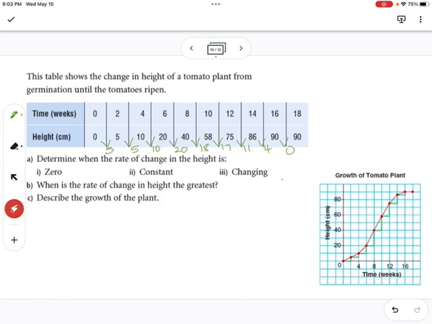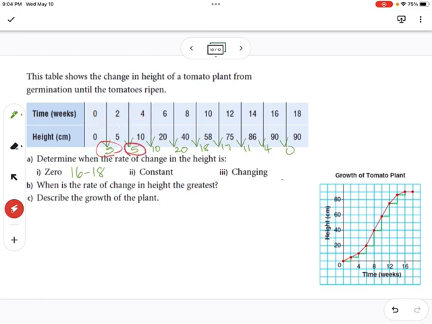So the first one is asking when the rate of change is 0. So we notice that we have a 0 right here, and that's going from 16 to 18 weeks. The next one is asking when it's constant. So that's when we have that same difference more than once. And we notice that we have a repeat, and that's between 0 and 4 weeks.